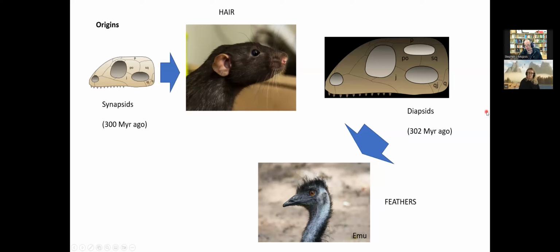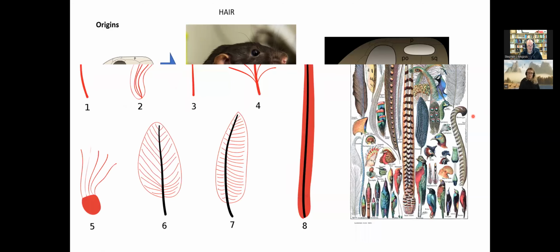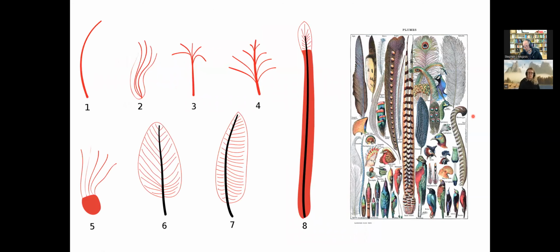Birds and many, if not most, of the dinosaurs have feathers. Feathers are different from hair. Feathers seem to have started kind of hair-like from a modified scale. Of course, reptiles have scaly skin.